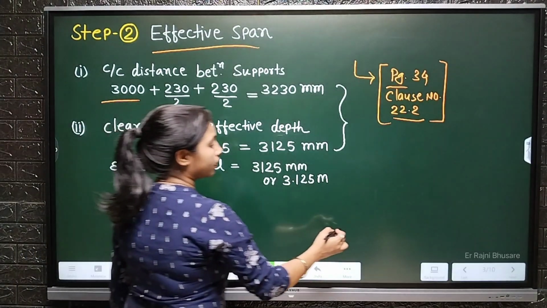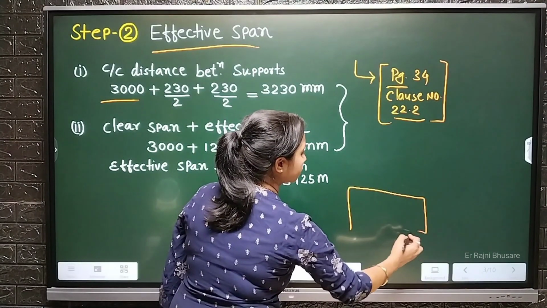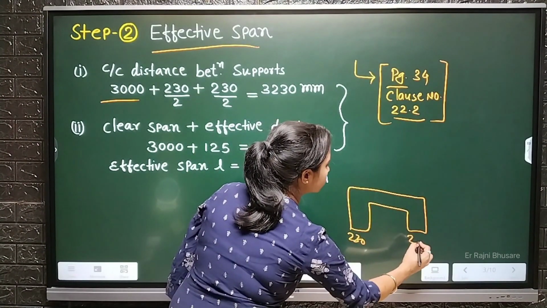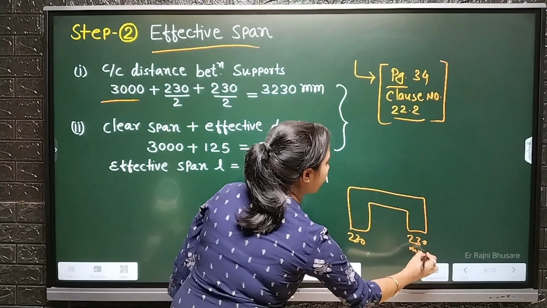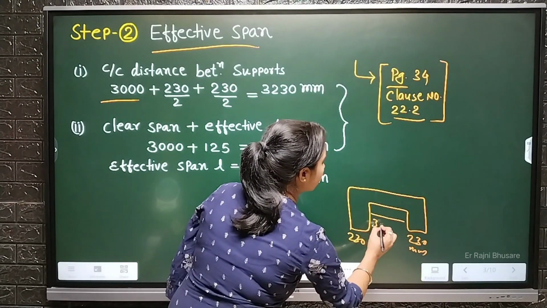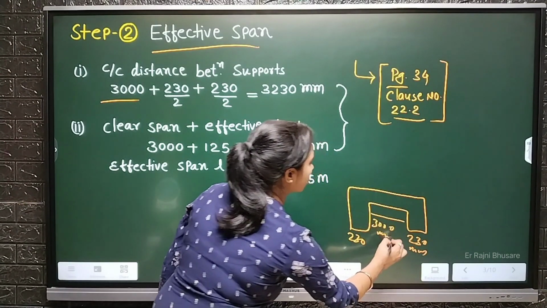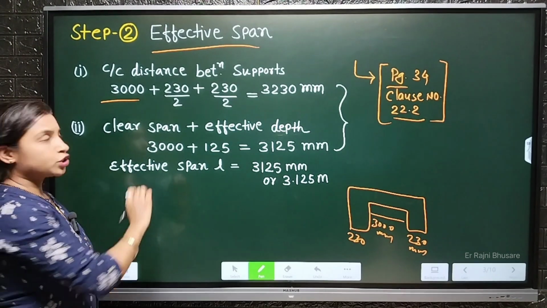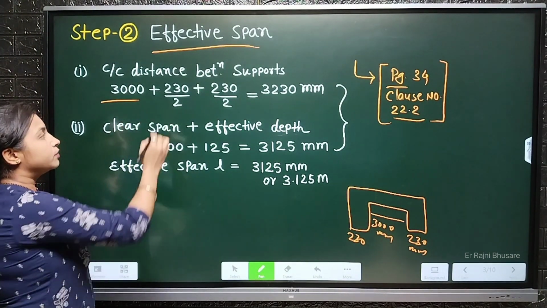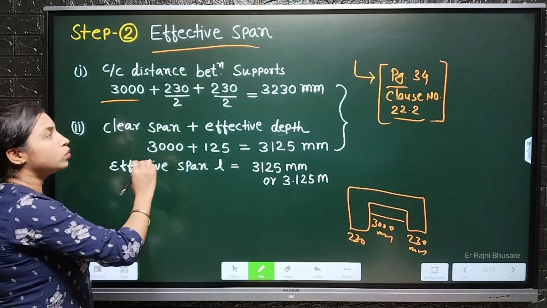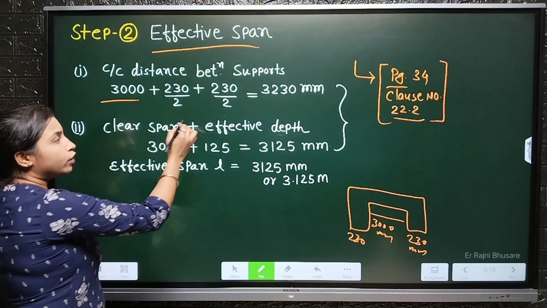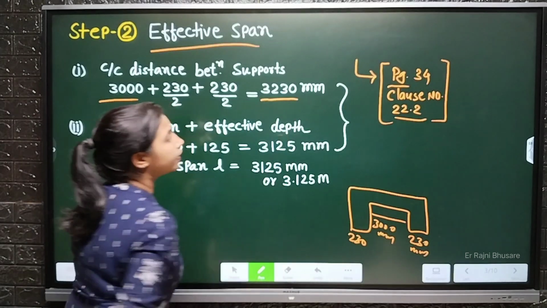Here, clear span in the shorter direction. First draw the diagram of the beam. Its width is 230 mm and this is also 230 mm, and its clear span is 3000 mm. So our clear span in the shorter direction is 3000 plus width of beam 230 by 2 plus this also 230 by 2, so the value is 3230 mm.